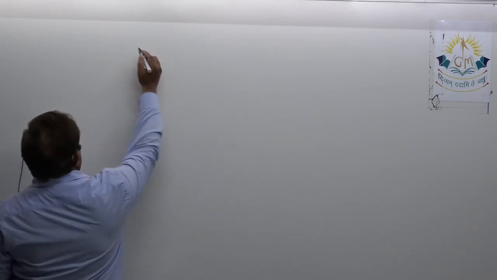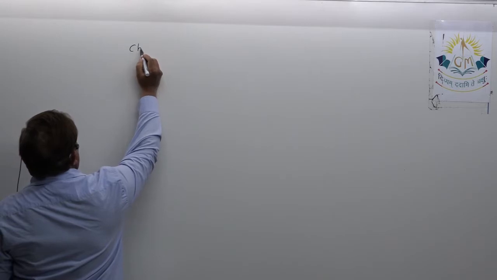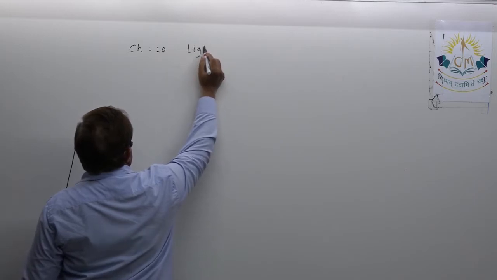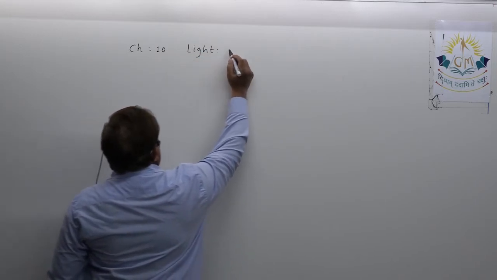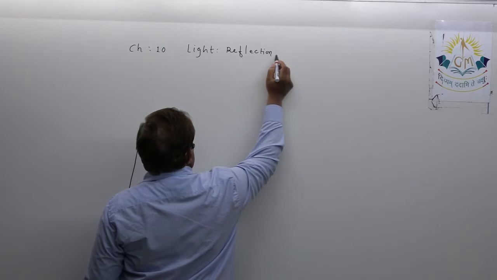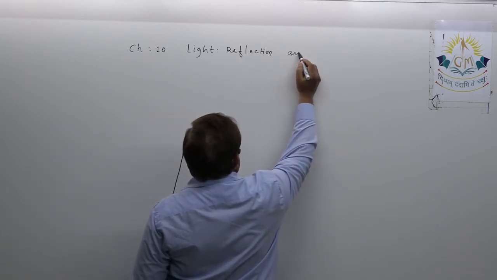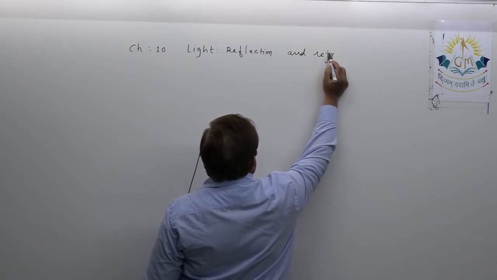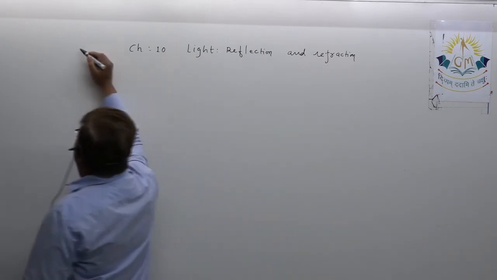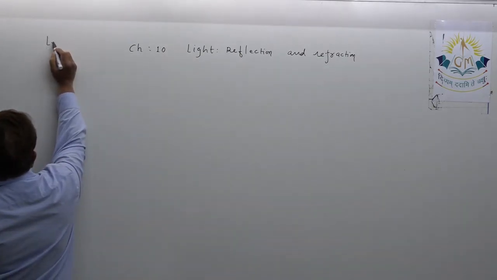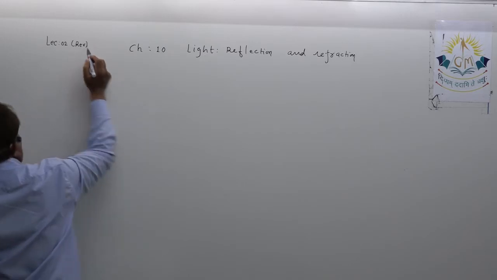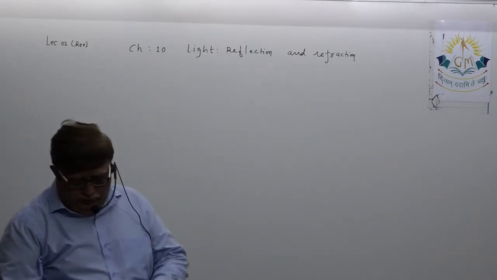So dear student, chapter 10, as you know, is light: reflection and refraction. And today you are attending lecture 2 of revision.